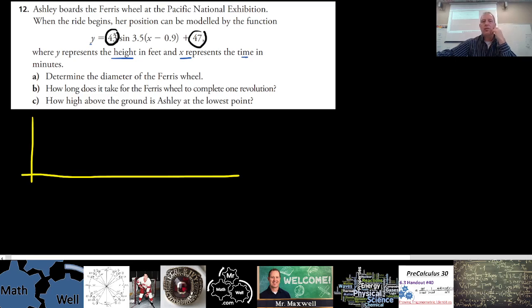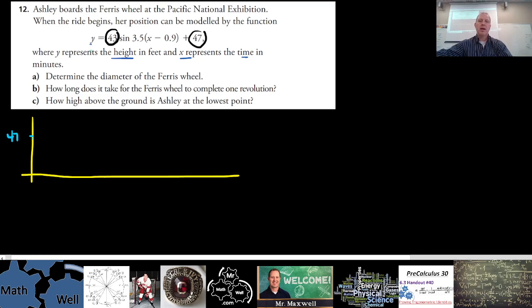So A is 43, meaning that in a sine graph, instead of going up an amplitude of 1, it has an amplitude of 43. And this also means that the whole thing has been shifted up 47 units. So the maximum would normally go to 43, and then everything goes up 47 units. So this is going to be 47.